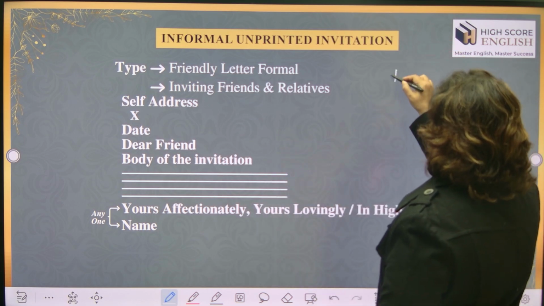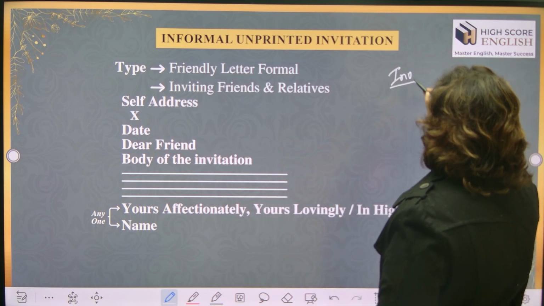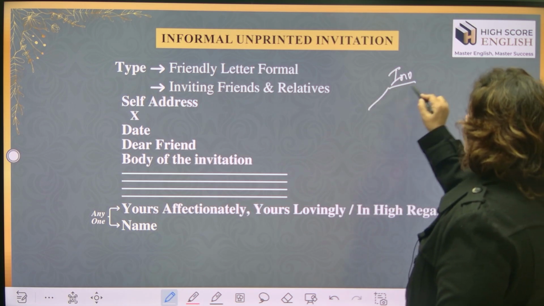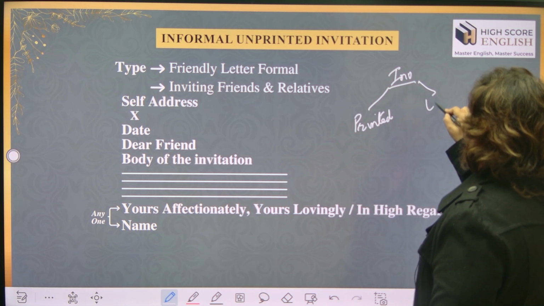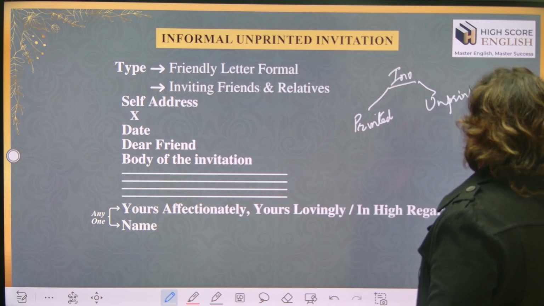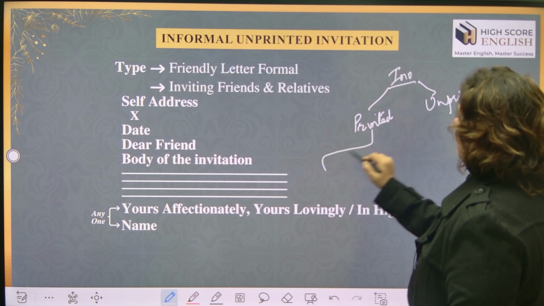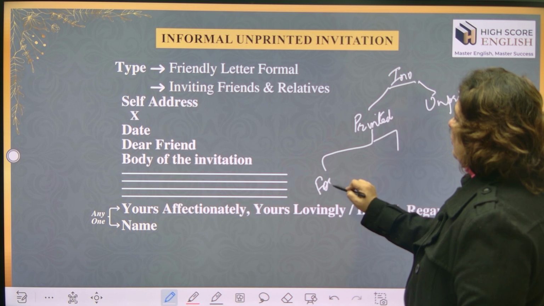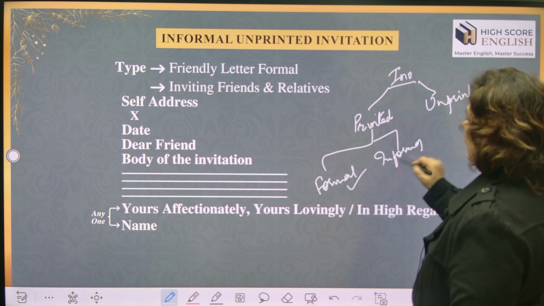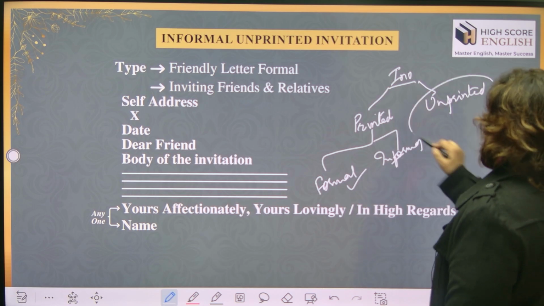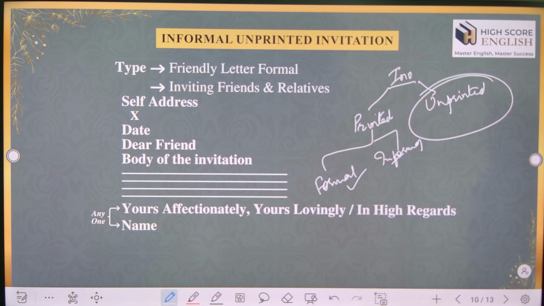I'll just do the brief with you. When we talk of invitations, invitations are of two types, printed and unprinted. Printed is formal and informal. Both we have done. Now we have to do the unprinted invitation.